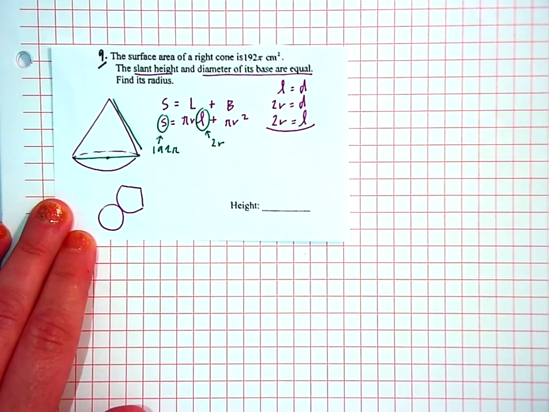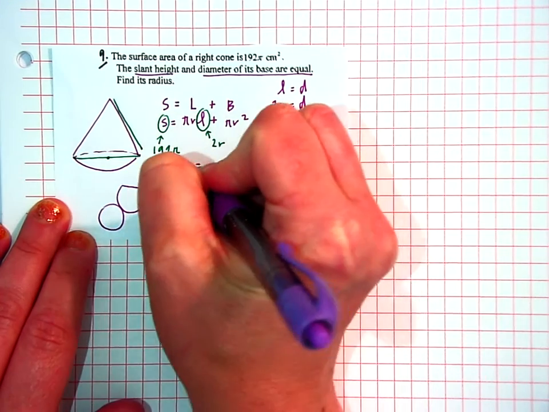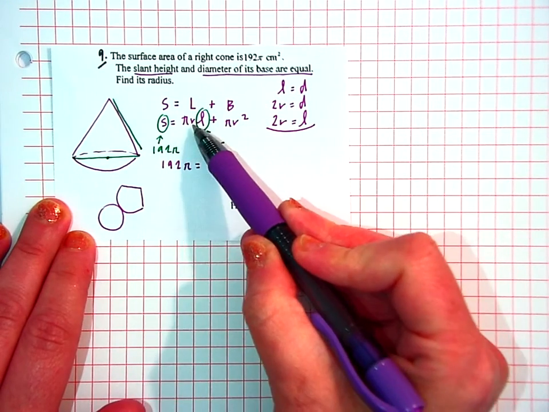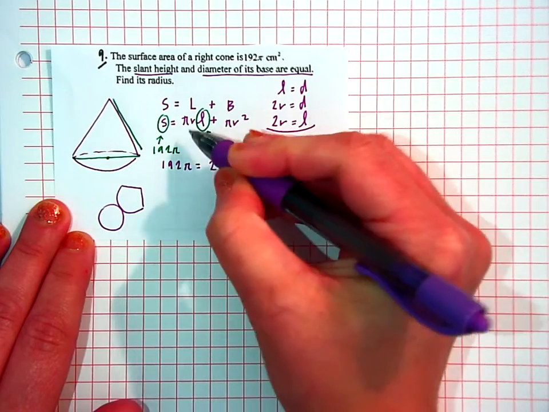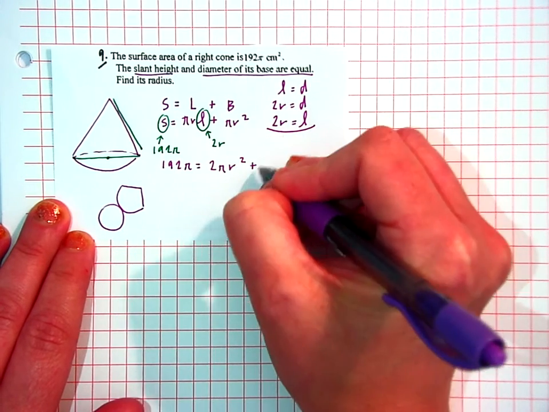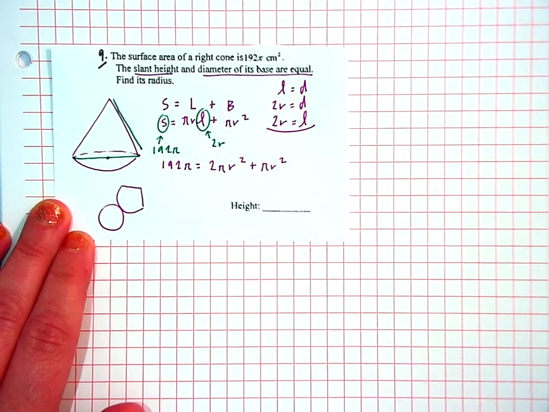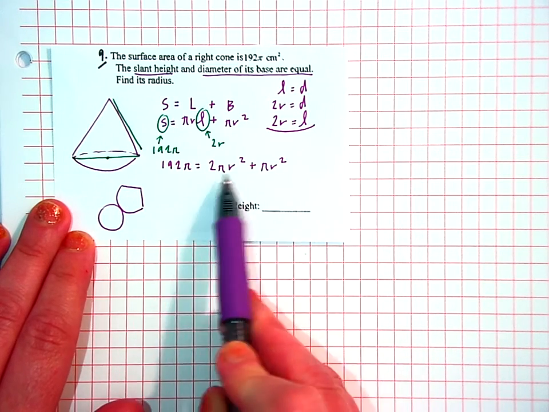So now where I'm at, I have 192 pi is equal to pi times r times 2 times r. So I have 2 times pi, r times r is an r squared, plus here pi r squared. Okay, so now these are like terms. They both have a pi, they both have a radius squared.